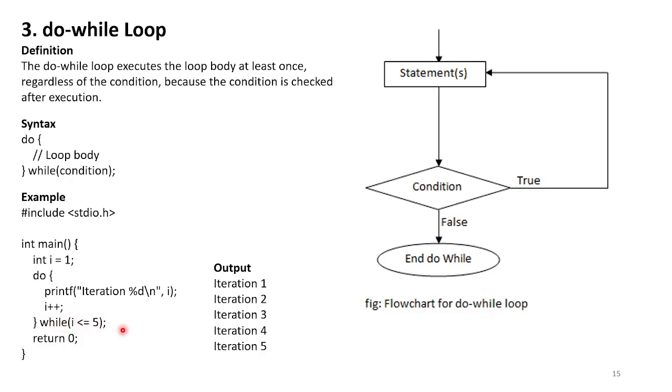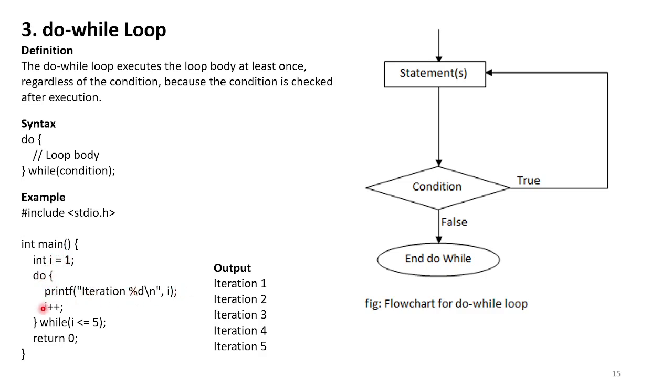But let's take an example where the initial value of i is 6. What will occur? In place of 1, let's say there is 6 as the initial value of i. So 6 will go inside the body and print iteration 6.